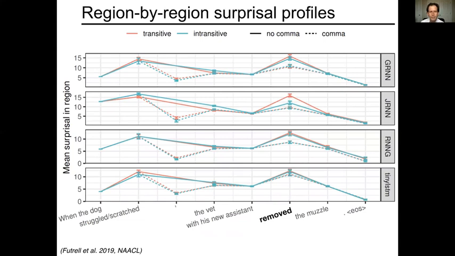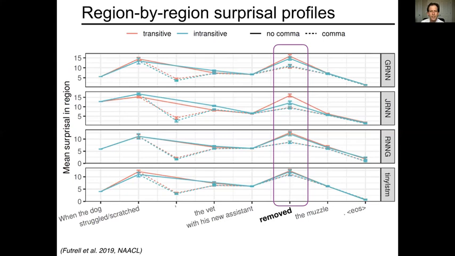Red is transitive subordinate clause verbs, and blue is intransitive subordinate clause verbs. And actually, you can spend some time offline looking at this graph a little more carefully. The more you look at it, it's extremely interpretable in terms of what the effects of context should have on word probabilities for all of these models. But we're going to focus attention on just the critical region of potential garden path disambiguation, "removed."